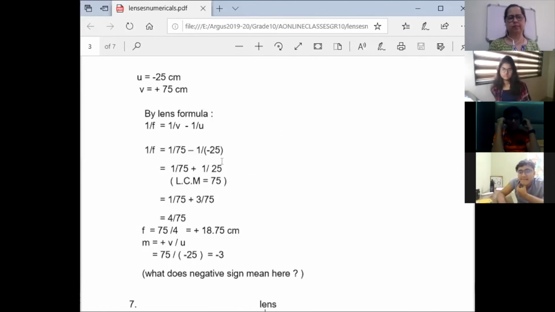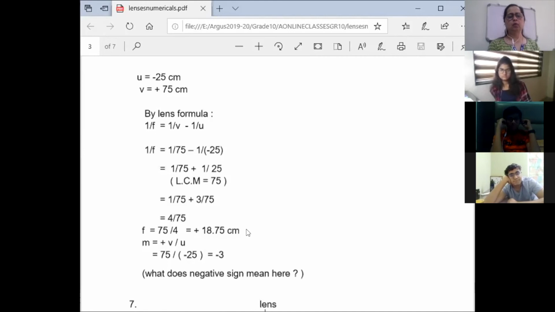So 1 upon 75 plus, minus becomes plus, 1 upon 25. LCM is 75. So 1 upon 75 plus 3 upon 75. So 1 upon F is 4 upon 75. So F will be the reciprocal, 75 upon 4, 18.75 centimeter.